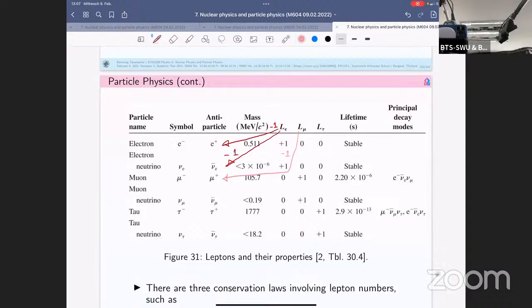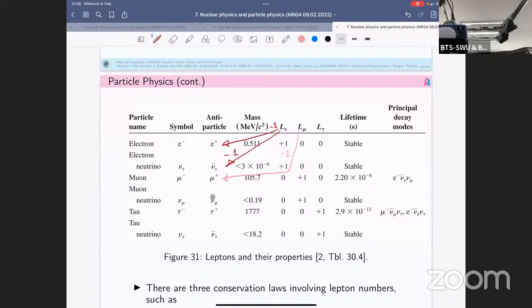Okay, 1 hour. And the neutrinos for muon, the muon neutrino has mass which is very, very small. It has 0 electron lepton number. It has +1 muon lepton number, the same as muon. And it has 0 tau lepton number, and because it is neutrino, it is stable.